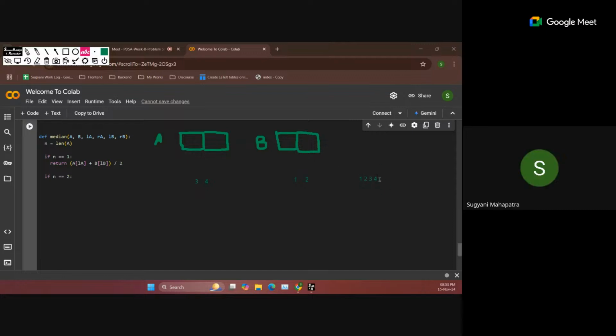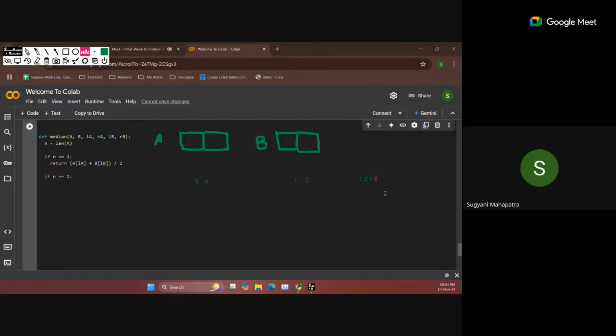What are the boundary elements? Let's try to eliminate the boundary elements, and whatever will be remaining, those two we will take the average of, right? So what will be the boundary elements? Boundary will be the minimum of the left of A and the left of B. You take the minimum of both of them, that will be the left element.